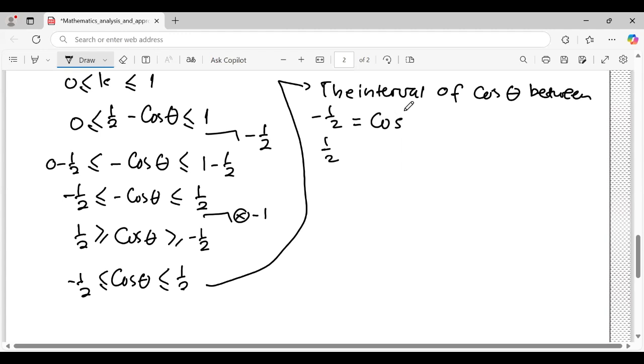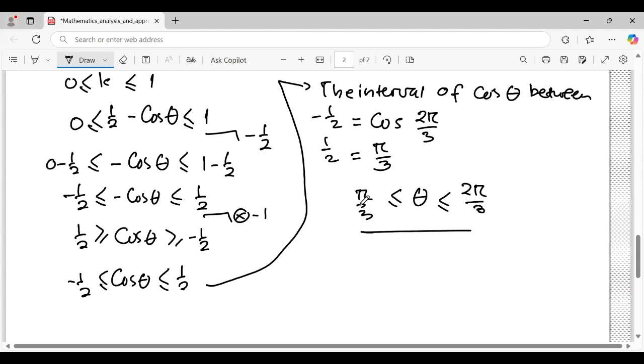Minus 1/2 is cosine 2 pi third, and 1/2 is cosine pi third. So it means theta is in the interval from pi third to 2 pi third. This is from pi third to 2 pi third.